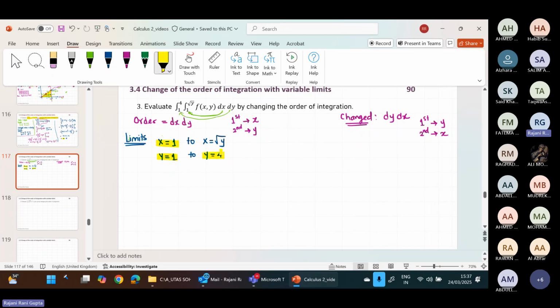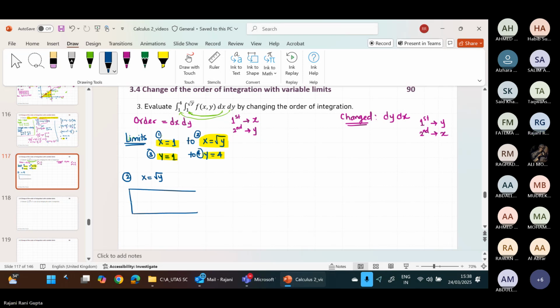So these three are direct values, the straight lines, but for this you need to make a table. So let's do for x equal to root y. I prepare a table to get the points so that we can draw it.